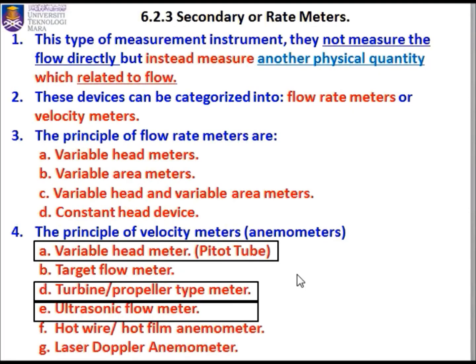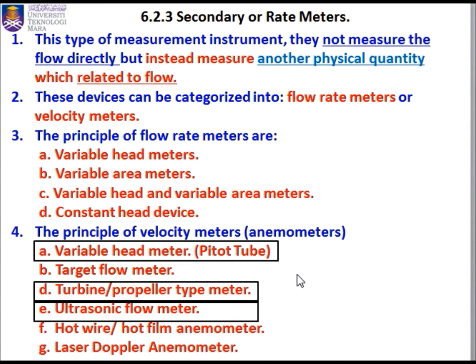Next, we move to secondary or rate meters or rate pumps. This type of measurement instrument does not measure the flow directly, but instead measures another physical quantity which is related to the flow. So these devices can be categorized into two types, which are flow rate meters or velocity meters.